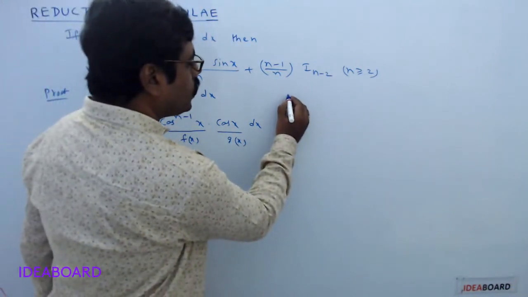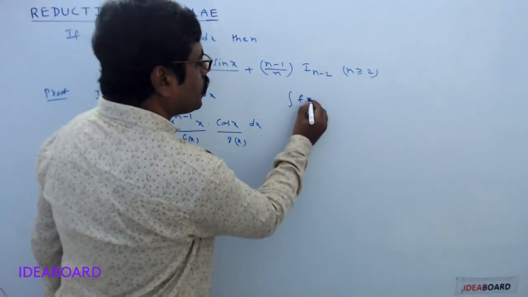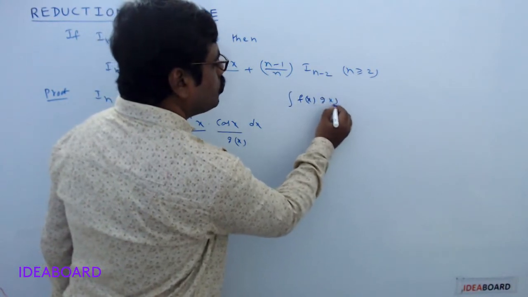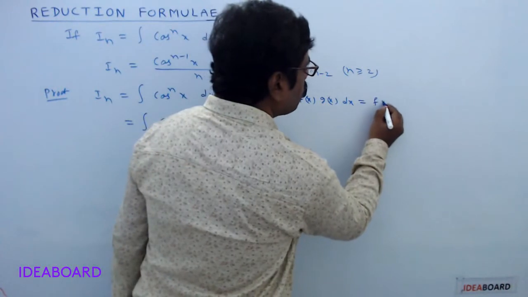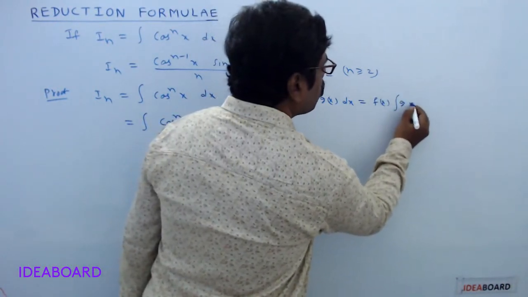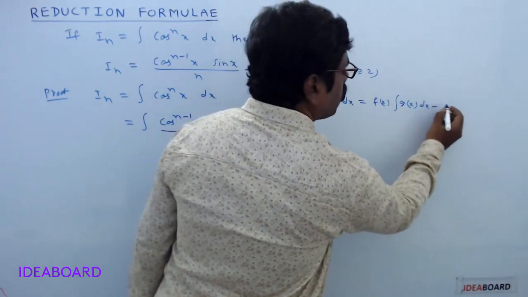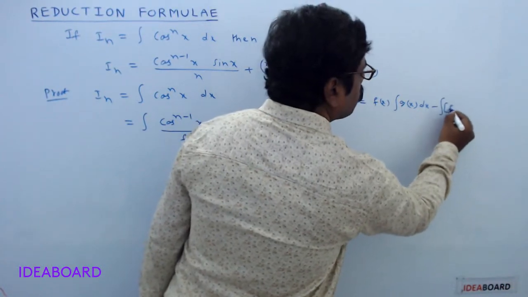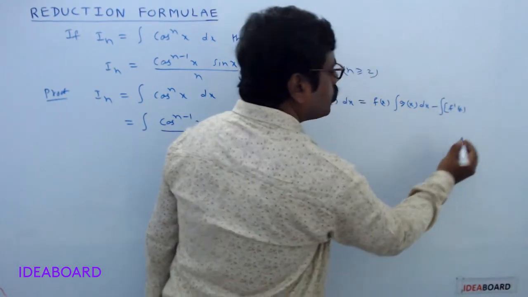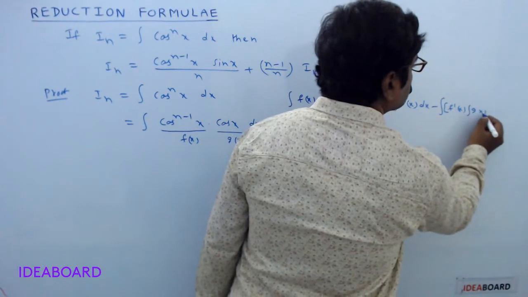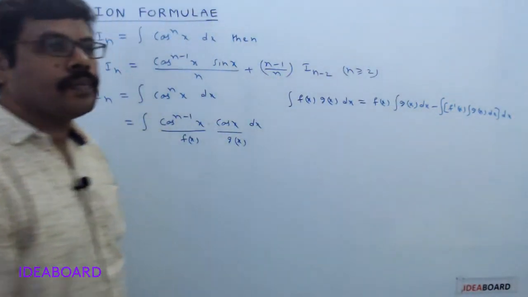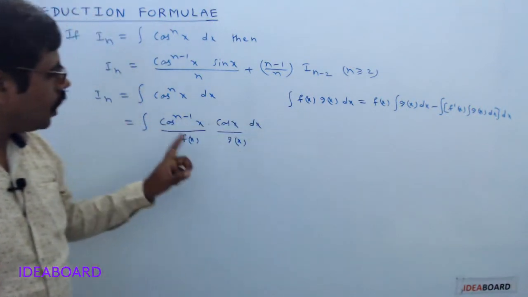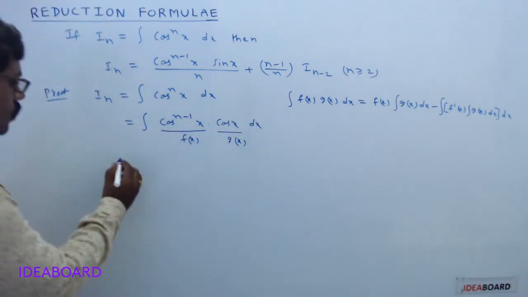Now use the integration by parts formula. What is the formula? Integral f of x into g of x dx equals f of x into integral g of x dx minus integral of f dash of x into integral g of x dx, into dx. Now use this formula on these two functions.